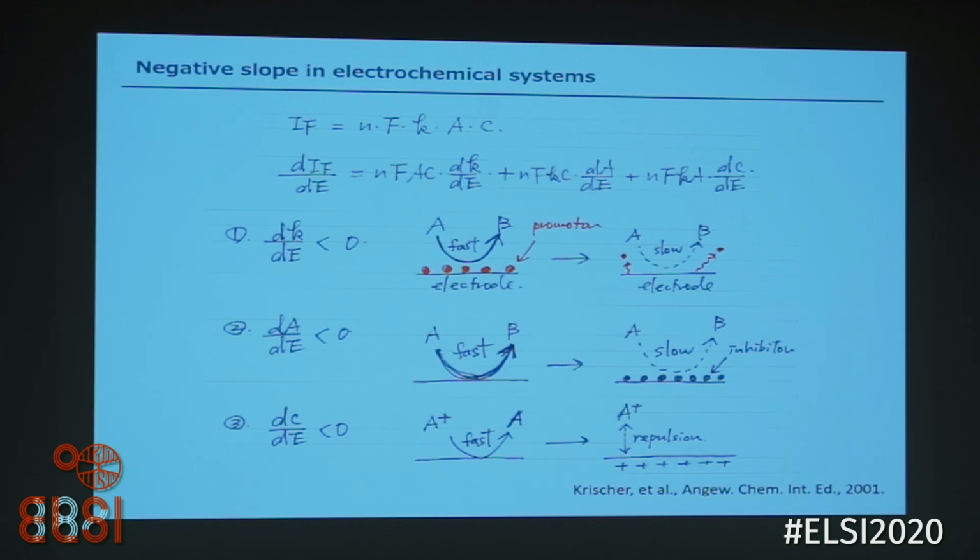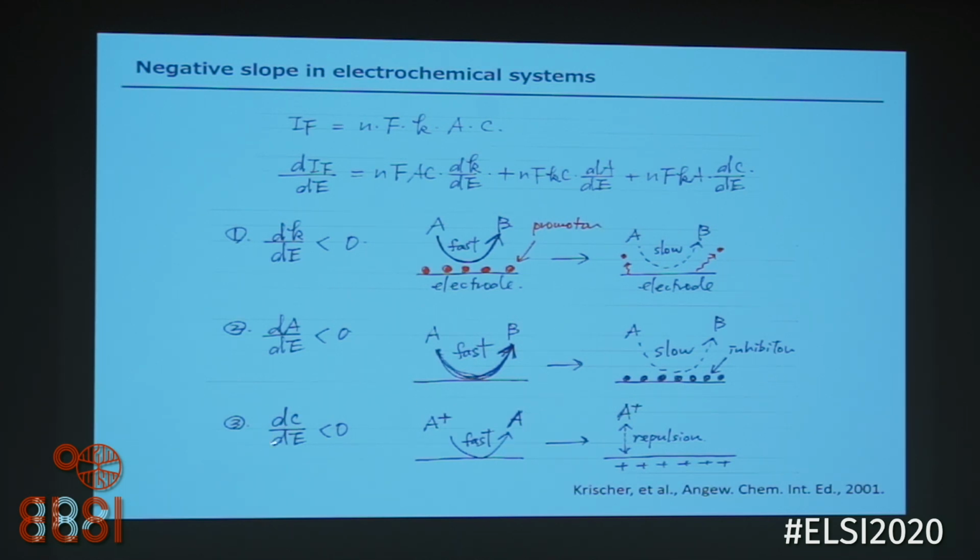For the second case, dA over dE negative, it's easy to imagine. If we have an inhibiting adsorbed species on the surface which blocks the reaction, the current will be slowed down with increasing the potential.